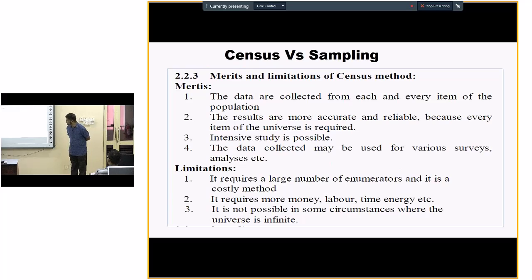The limitation is also there: it requires a large number of enumerators and supervisors, and it is a costly method, right? It requires more money, labor, time and energy. It is not possible in some circumstances where the universe is infinite and practically we cannot do it. I gave that example.